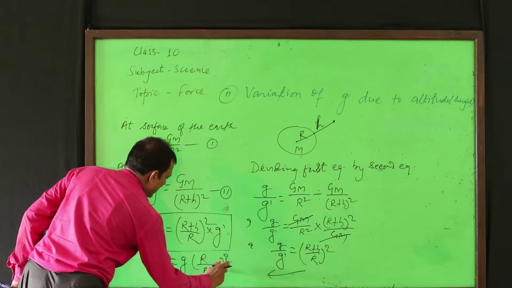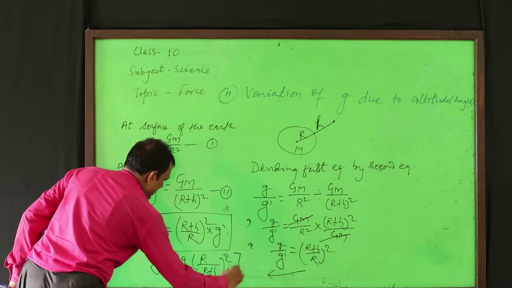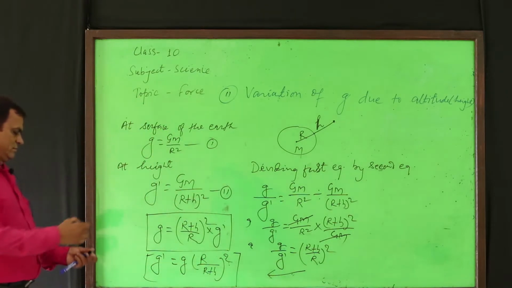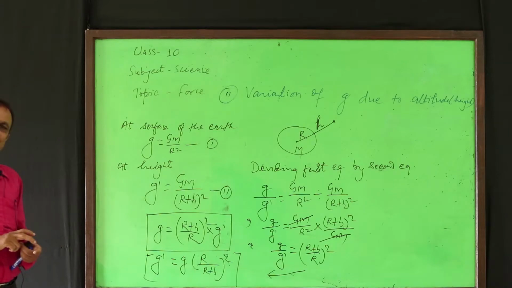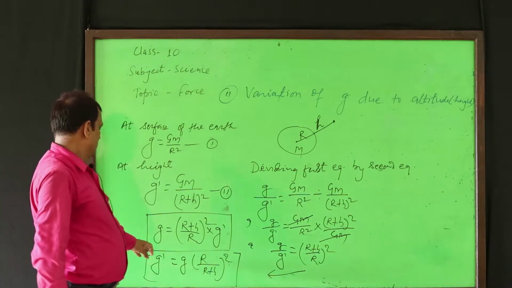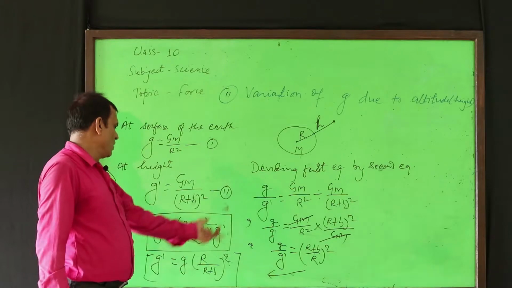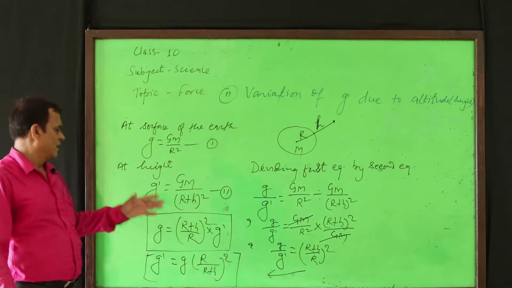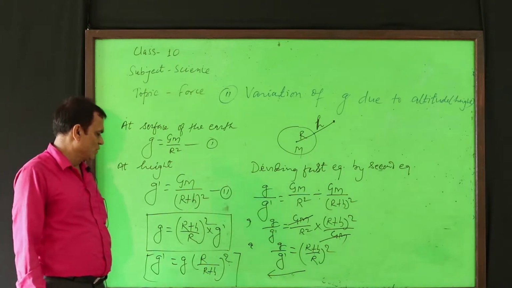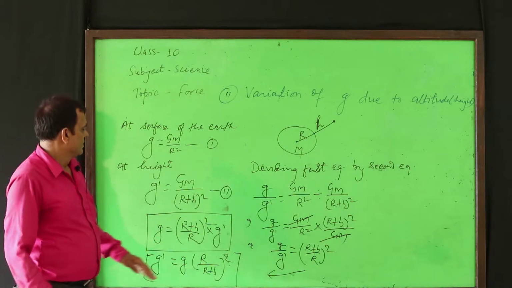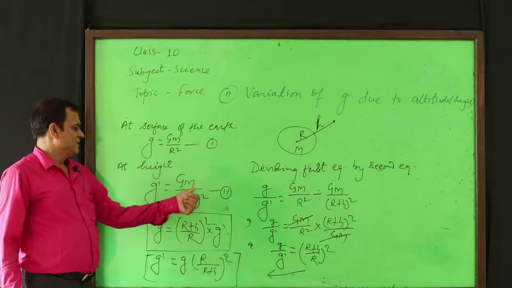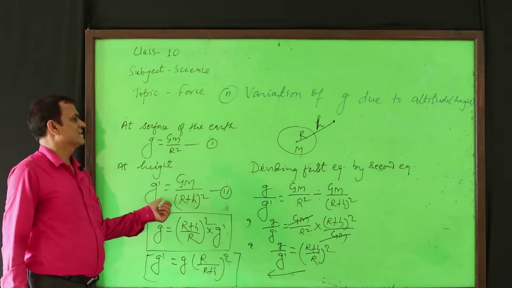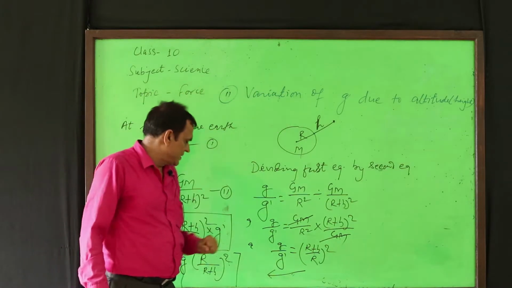We can write directly this formula also, or you can write also this one by using the binomial expression, g dash equal to g into 1 minus 2H by R. That is the binomial expression. It is only for the higher equation 11 and 12. So, you should write this formula. If capital G, capital M, R and H are given, you should use this formula to find the acceleration due to gravity above Earth's surface.